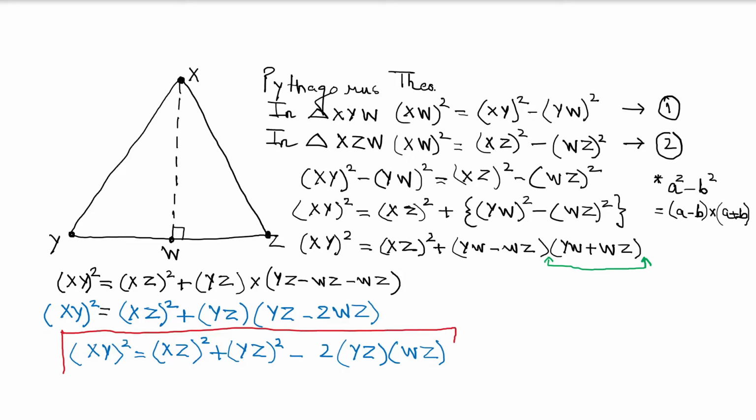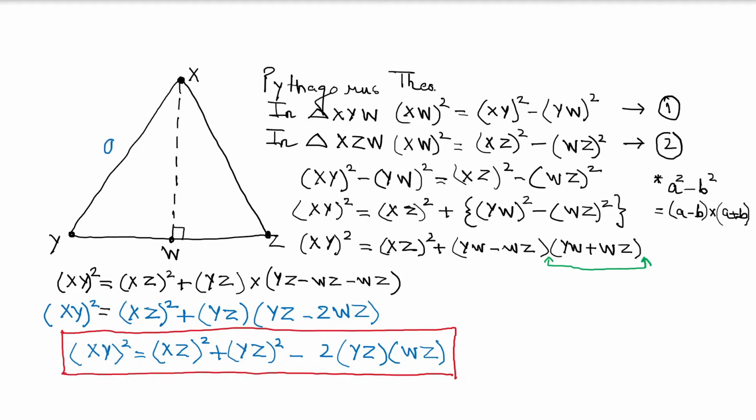Now, how is this going to help me will be decided when you substitute the values of all of these. Let us say there was a triangle given to you, and the triangle was xyz, as we started off with, such that they had given you the values of all the three sides.